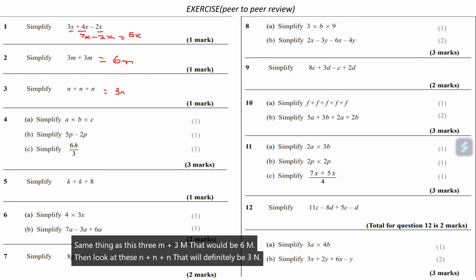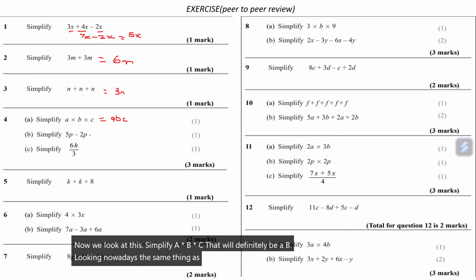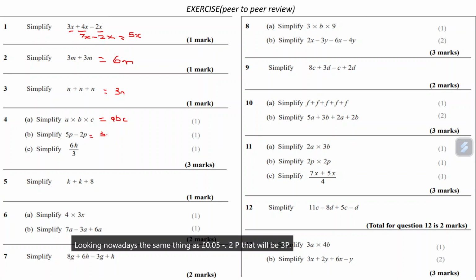Then we look at this, simplify a times b times c, that will definitely be abc. Looking at this, the same thing as 5p minus 2p, that will be 3p. Fine, let's look at this question.